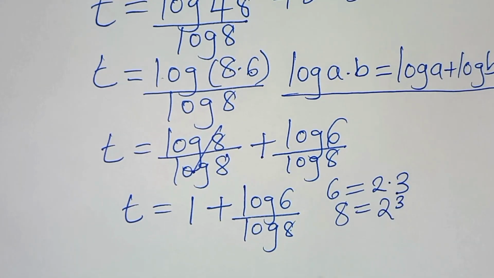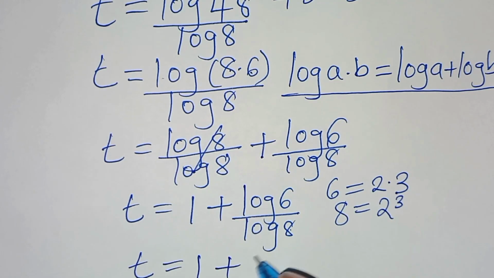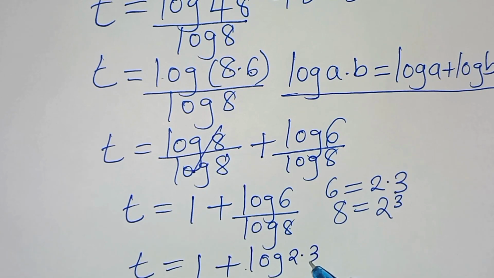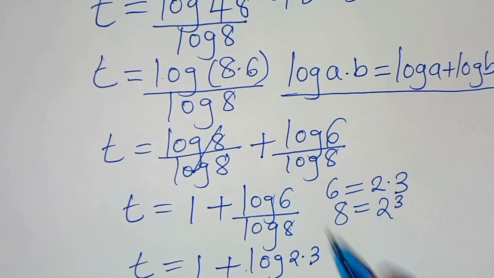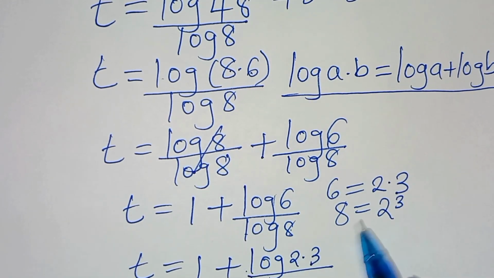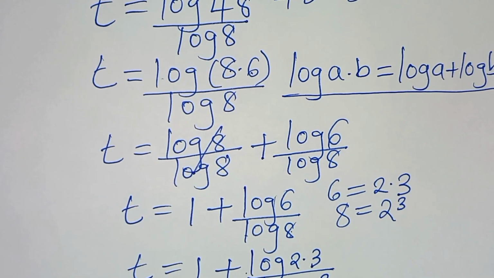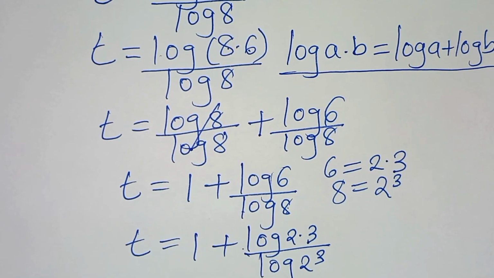So substituting this, we'll have t equal to 1 plus log of 2 times 3, that is 6, divided by log 8, which is log 2 to the power 3.